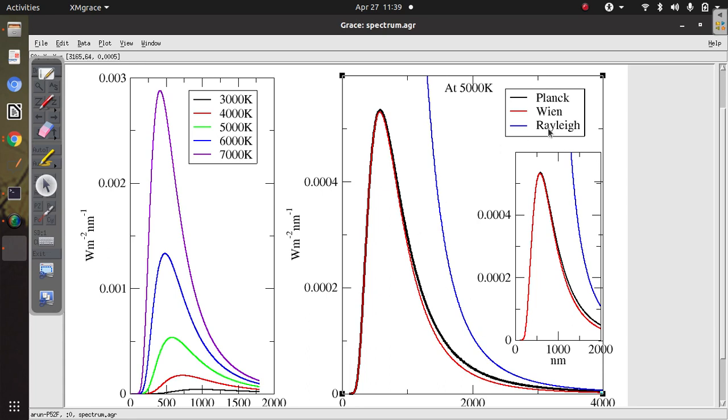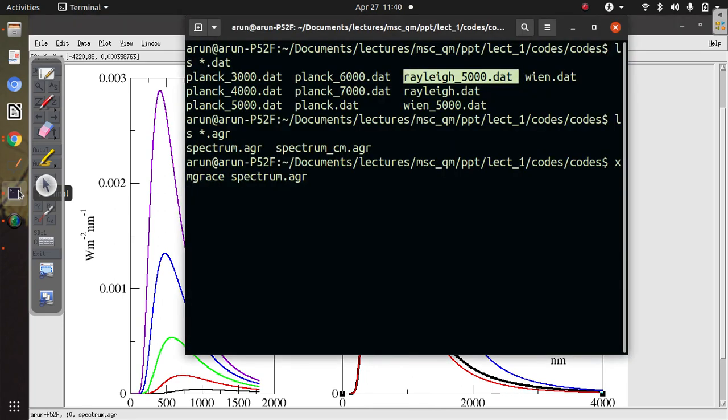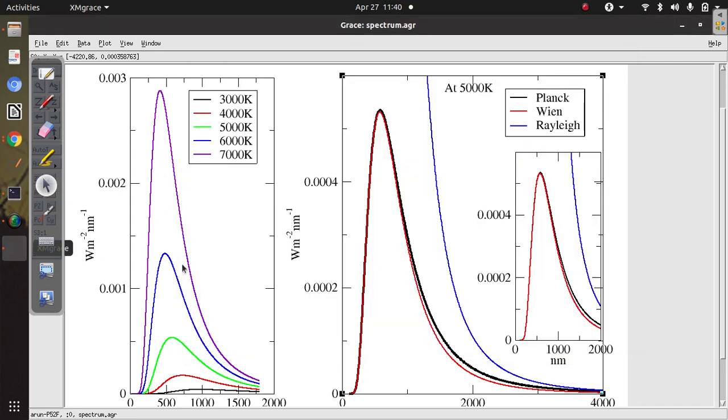And then if I look at Rayleigh-Jeans law, it is valid at higher wavelengths, meaning it resembles Planck's law in this region. Right? It resembles.